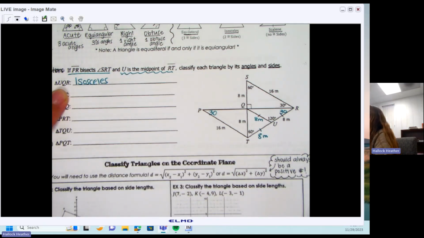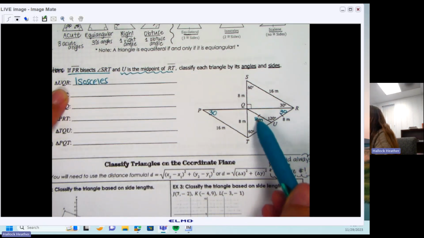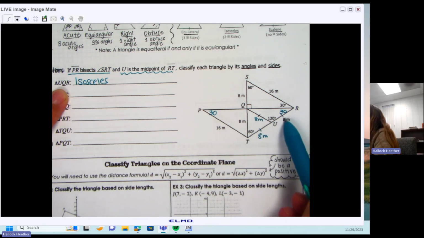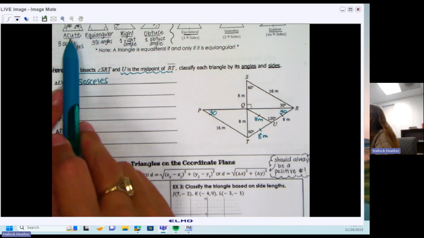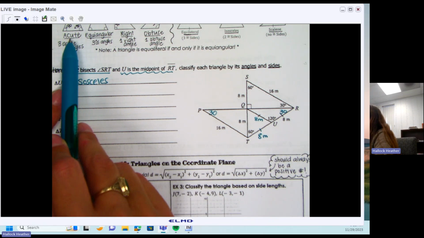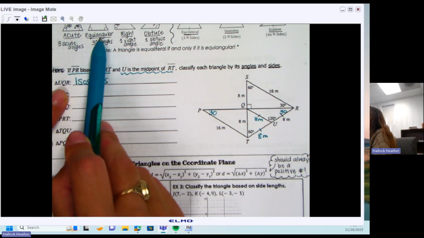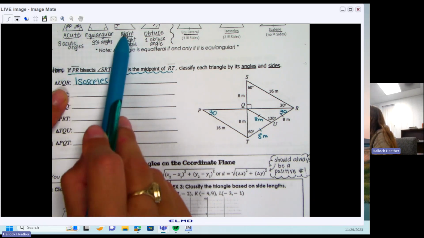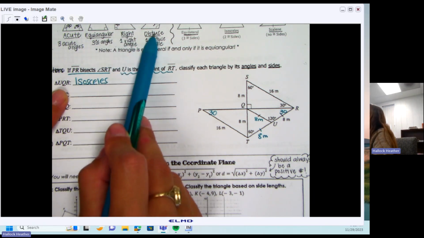Now we're also going to use the angles. So if this is 8 and this is 8, since it's an isosceles triangle, I need to decide, is it an acute triangle, where all the angles are smaller than 90, equiangular, where all the angles are congruent, a right triangle, where it has one right angle, or an obtuse triangle, where it has one obtuse angle?